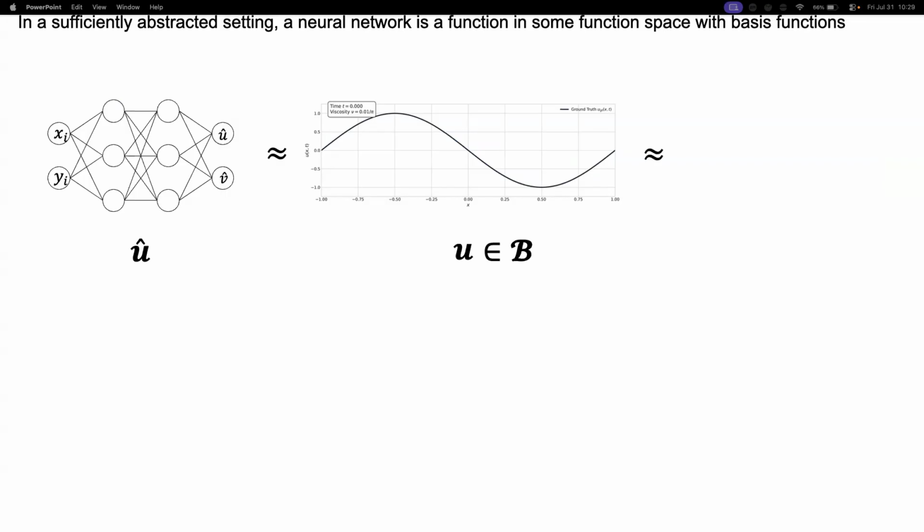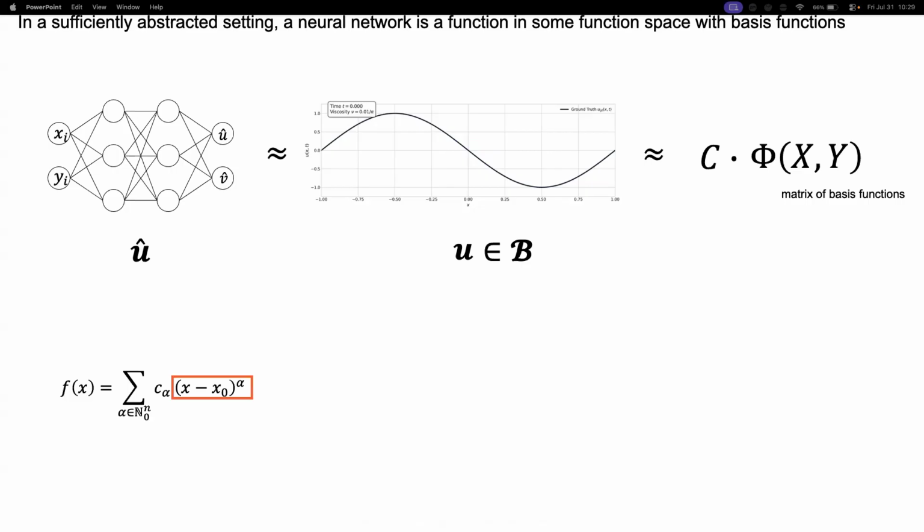And if the function space is well structured, then we can find some basis functions that can approximate the true u. One example that everybody knows about this structure is the Taylor expansion, where f is the true function and the polynomials of x are the basis functions.